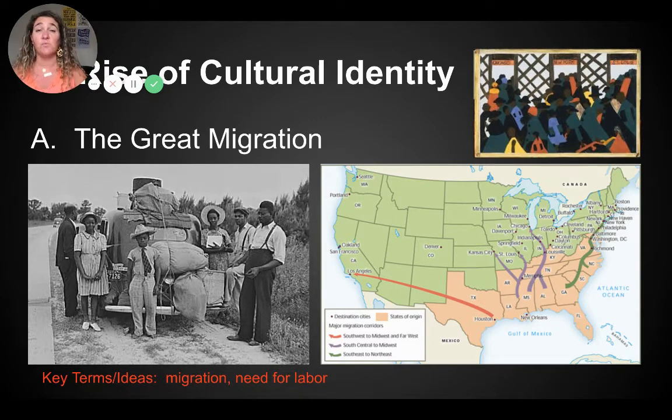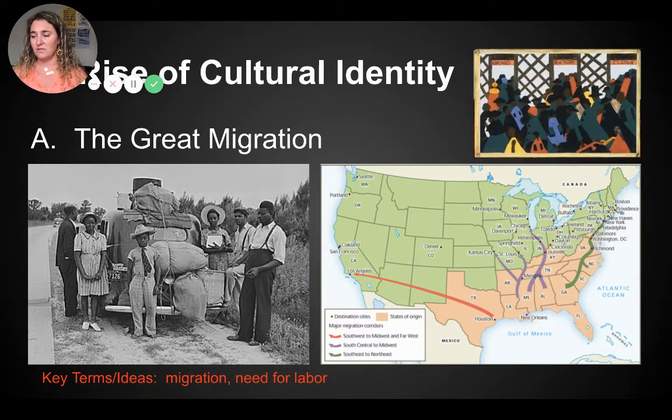If you remember, World War I is during this time. From 1914 to 1918 is World War I. So American soldiers are leaving and going to fight over in Europe during this time, which means that there are jobs available in the North. During this time period, between 300,000 to 500,000 African Americans left the South.